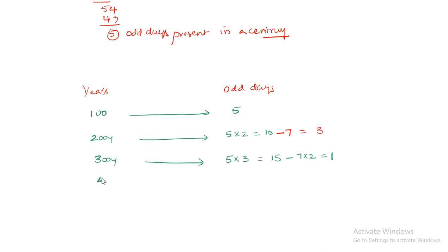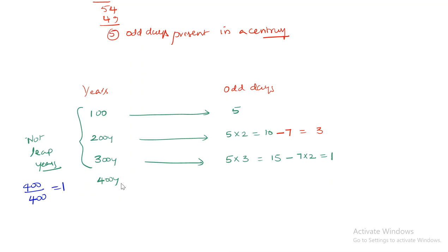Similarly, here 400 years. Just check among these 100 years, 200 years, 300 years, are they leap years or not? They are not leap years. Now check this 400. 400 divided by 400 gives a real value of 1.